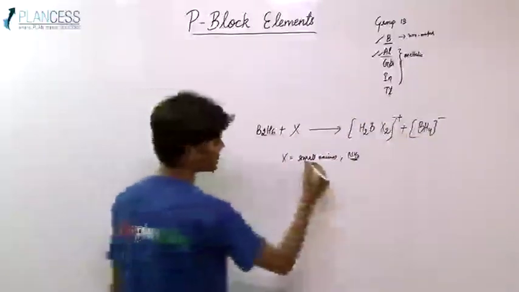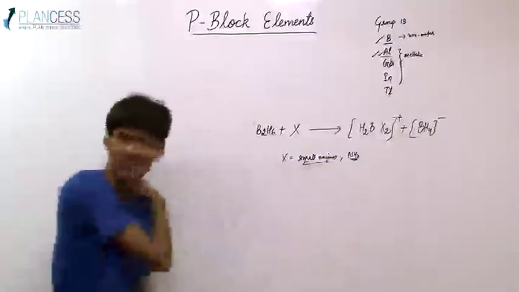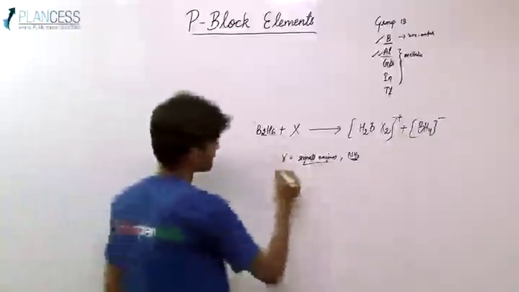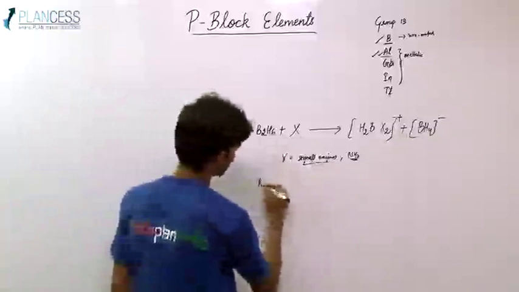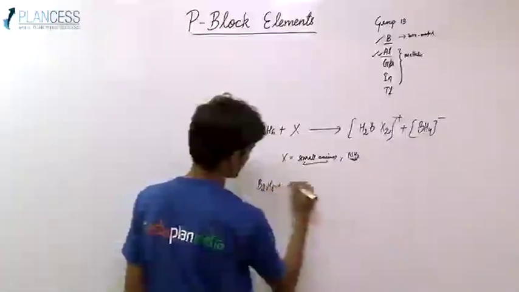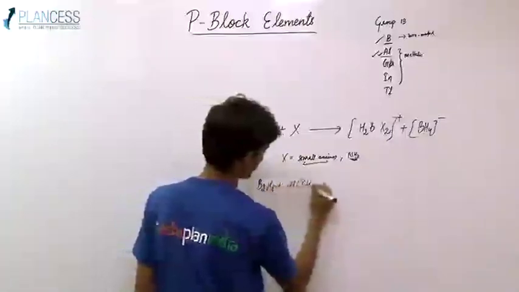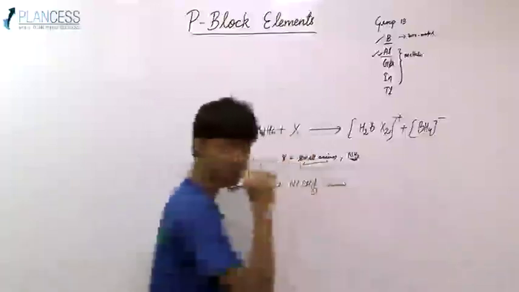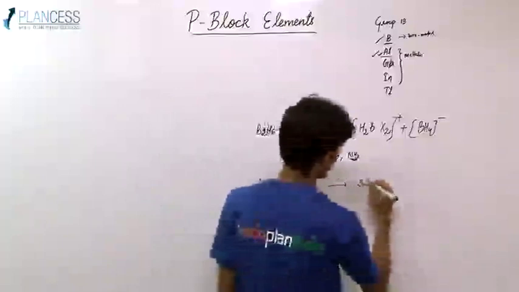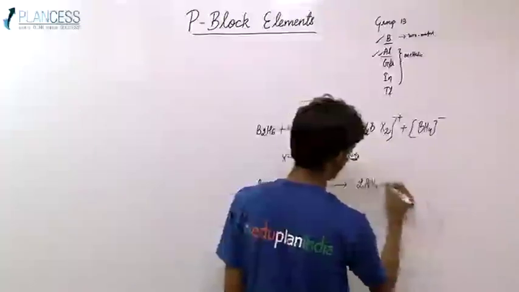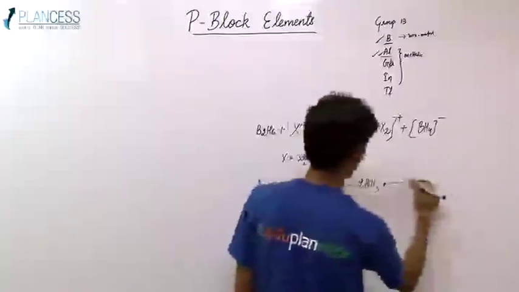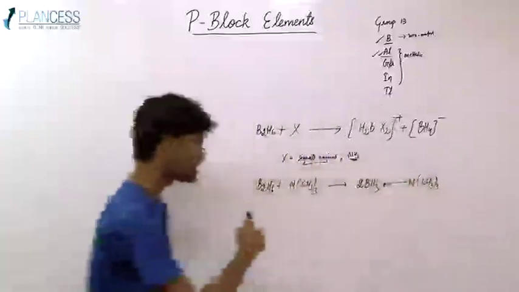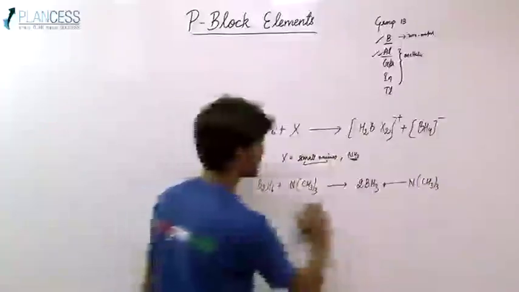However, here by small amines I would mean primary and secondary amines, but in case X is a large amine, for example I will take N(CH3)3 as trimethylamine, then it forms a symmetrical cleavage and it forms 2 BH3, and to each boron the N(CH3)3 is donating. So if the amine is larger, then it would have the symmetrical cleavage.